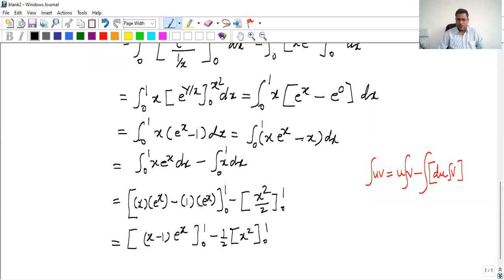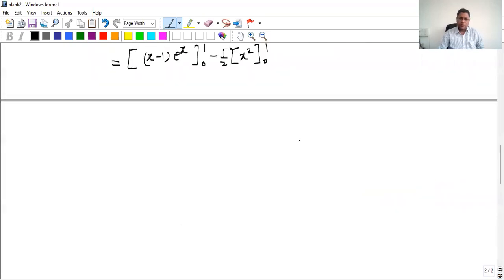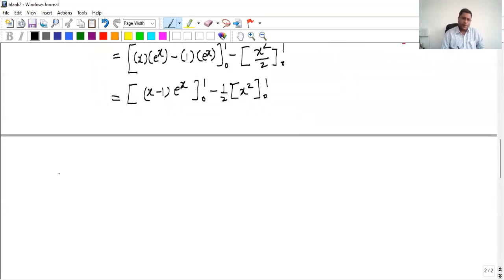Yes, sir. Now apply limits. So I is equal to, if I apply 1, what will happen here? So it is 1 minus 1 into e raised to 1, then minus 0 minus 1 into e raised to 0. Is that okay?